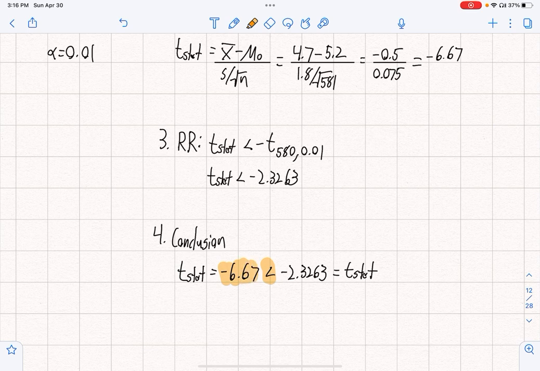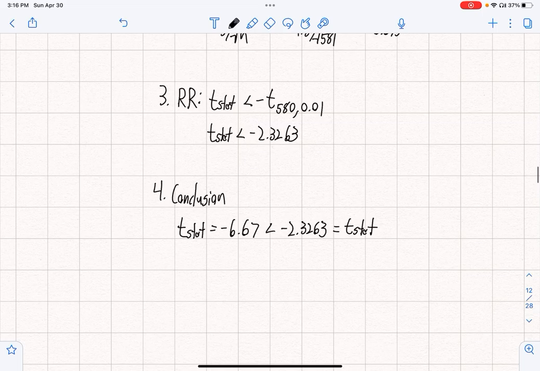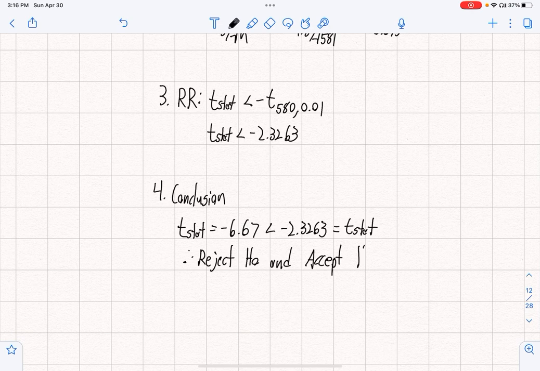Negative 6.67 is indeed less than negative 2.3263, which means our t-stat is in the rejection region. Our t-stat is less than our critical value. Therefore, we reject the null hypothesis. So we reject H naught and accept HA.